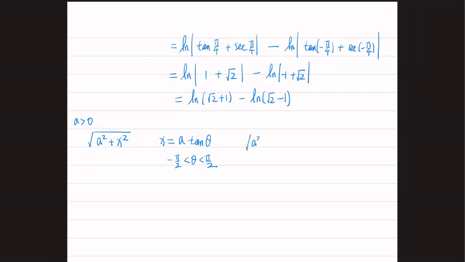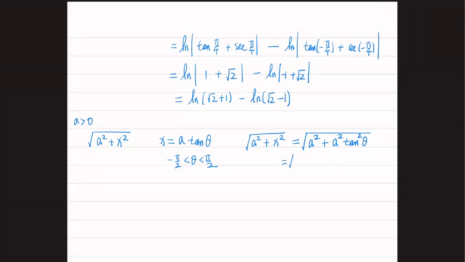We have the square root of a squared plus x squared. So Sakina, using this substitution, what's the result? How do you simplify this? I have a squared here, a squared there, so we can pull out this a squared.